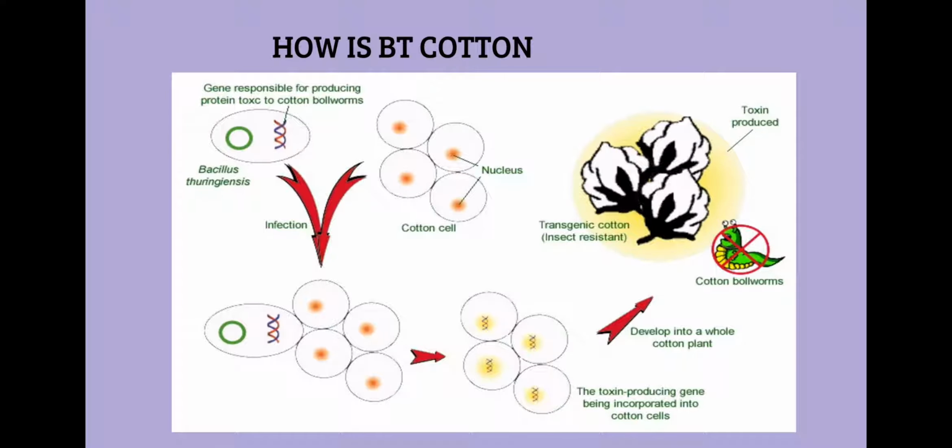The gene which is responsible for the endotoxin is getting incorporated into the cotton cell. And after getting incorporated into the cotton cell, the cotton will be able to produce this endotoxin on its own. And when it is able to produce this endotoxin, the cotton bollworms, including other worms, will not be a botheration to the cotton plant.